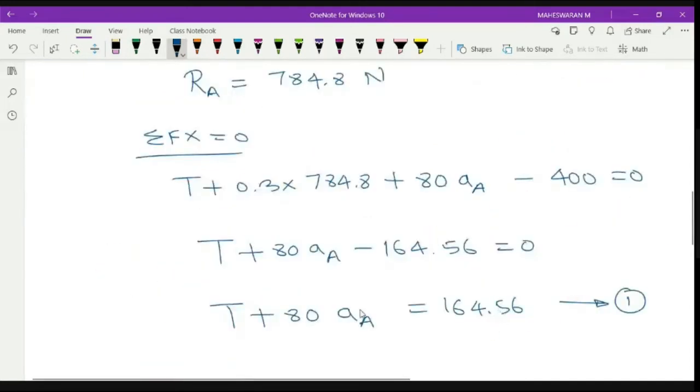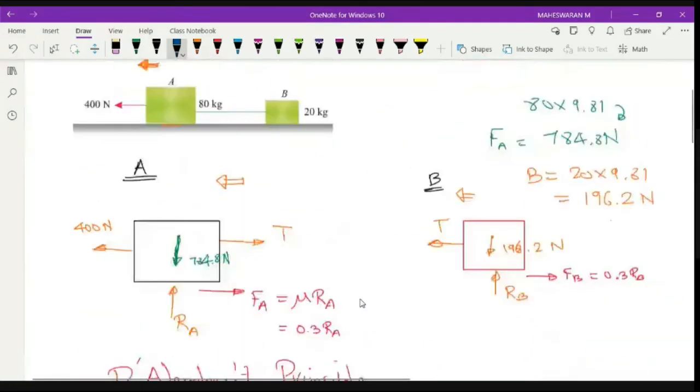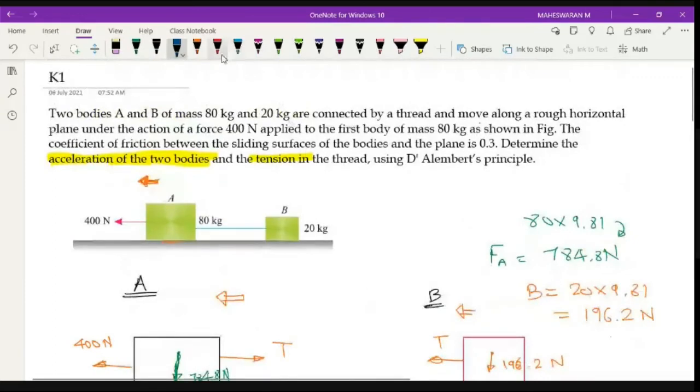Make sure you have acceleration for block A and acceleration for block B, right? Let us identify what the acceleration will be. How to do that? Let me consider here. I'm going to move this by 1 mm. If I move this block 1 mm, how much will block B move? Same 1 mm, sir. Very good, it will move the same 1 mm, which means your displacement S is the same.